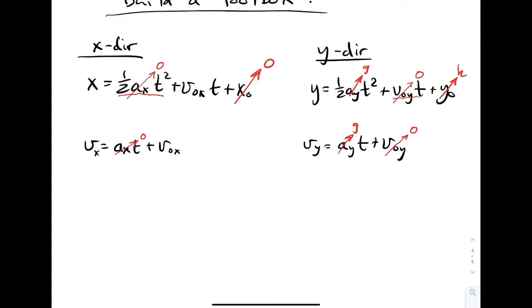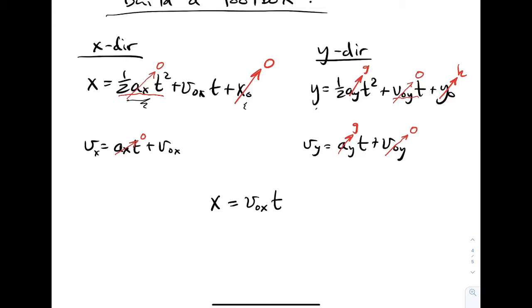And now I'm going to rewrite these equations. I'm going to write x equals, and our 0 goes away. So we're left with v sub o x times time. And this is 0, so we don't have to write that.